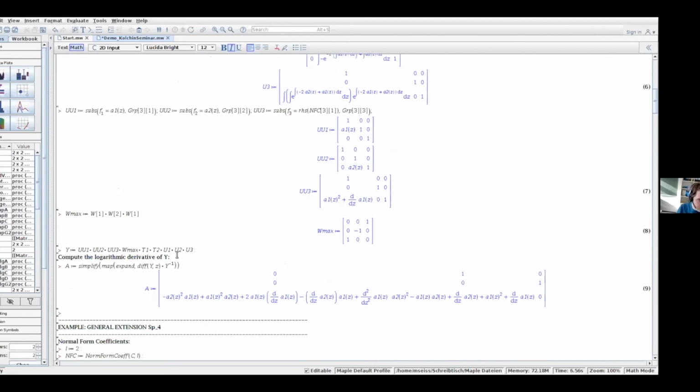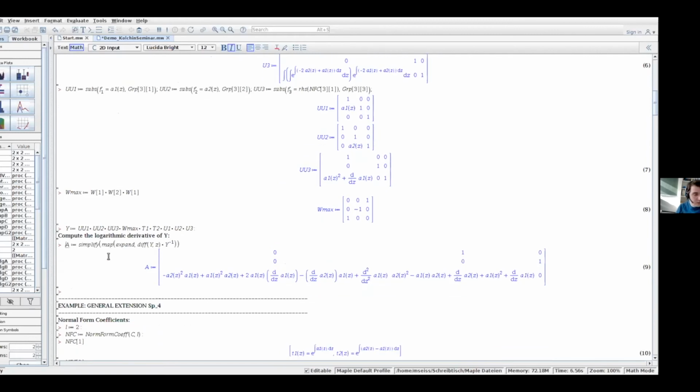And now I get my fundamental solution matrix. It's the product of the unipotent elements, the maximal Weyl group element, the torus elements, and the other ones. And then I can simply compute the logarithmic derivative of Y, and I get the shape of my matrix.